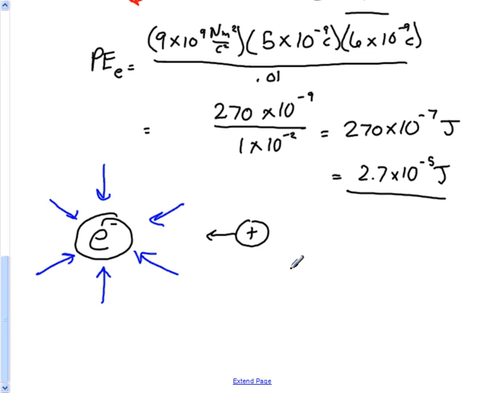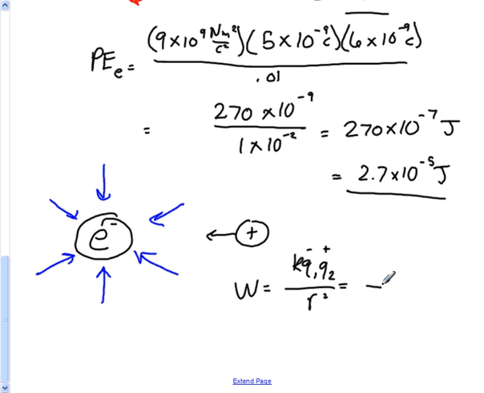So if we did that calculation, it'd be K times Q1 times Q2 divided by R. Q1 would be negative, Q2 would be positive. We would end up with a negative amount of energy. Well, if you remember, energy is a scalar. We really can't do negative energy, but we kind of talked about this in thermodynamics. If this is the amount of work, we're really talking about work that someone else does.